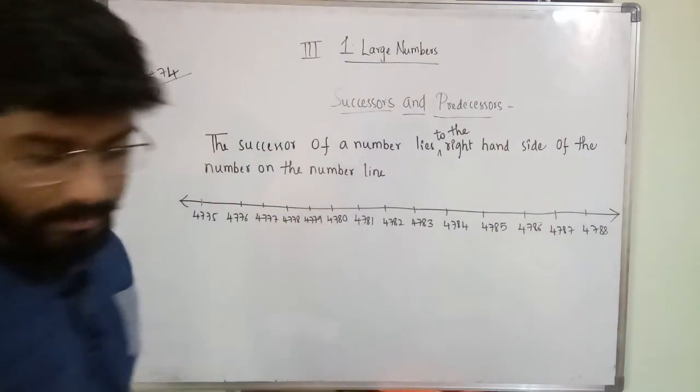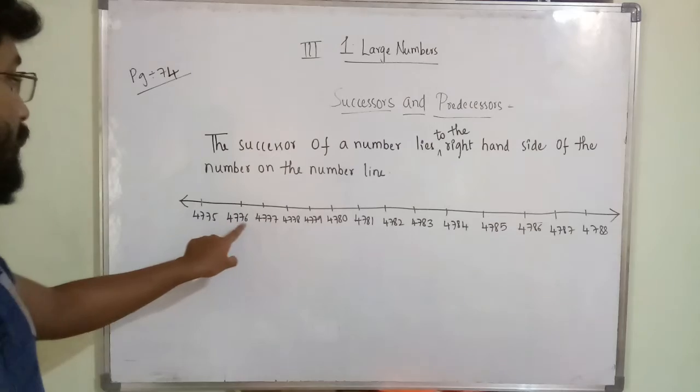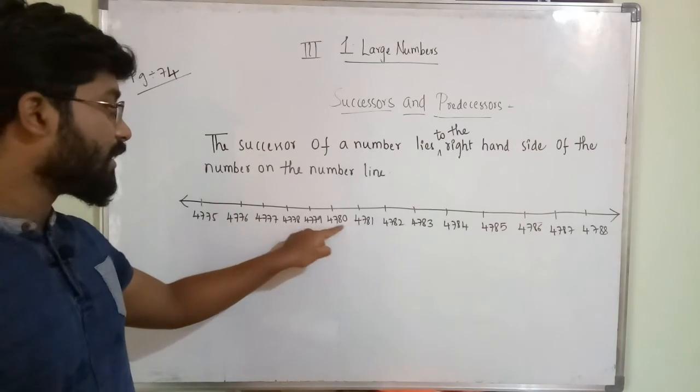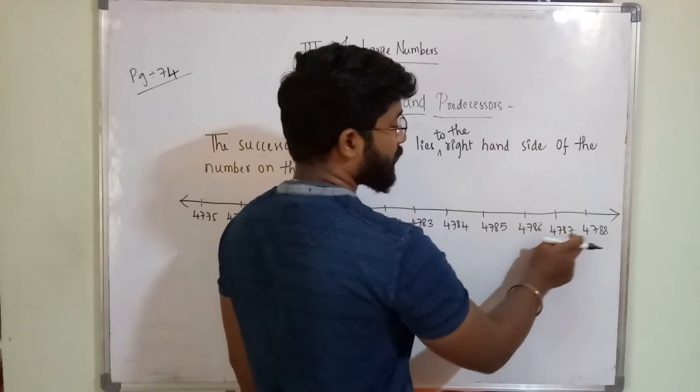So here he has given a number line starting from 4,775 to 76, 77, 78, 79, 80, 81, 82, 83, 84, 85, 86, 87, 88.